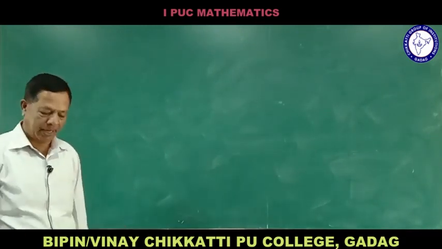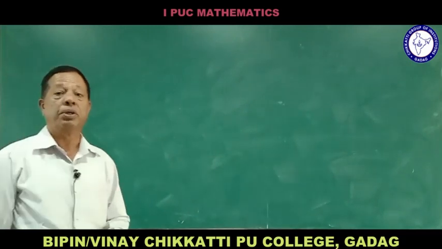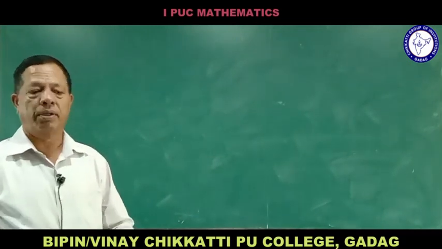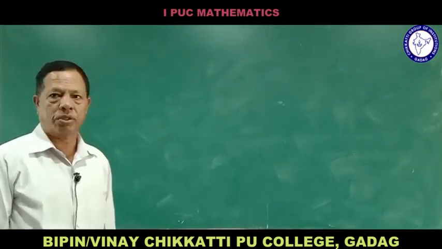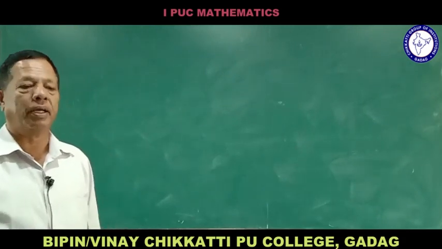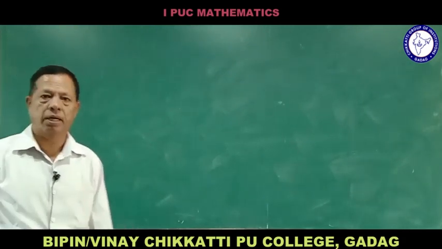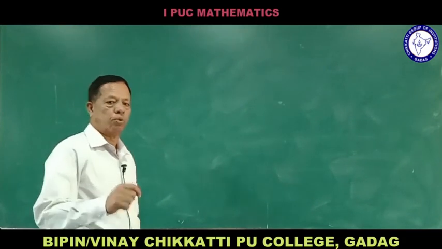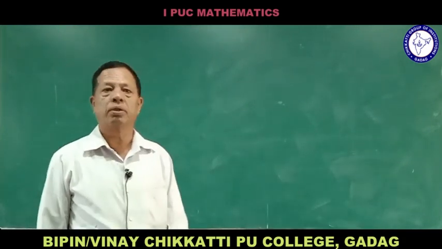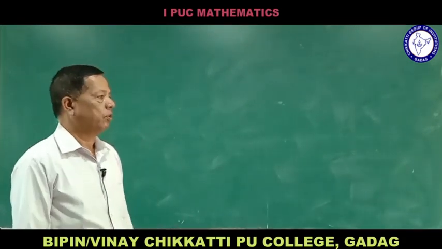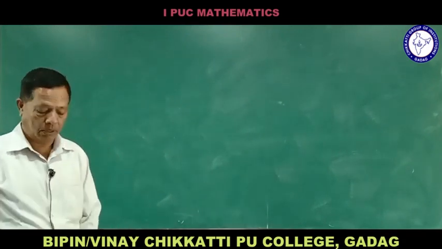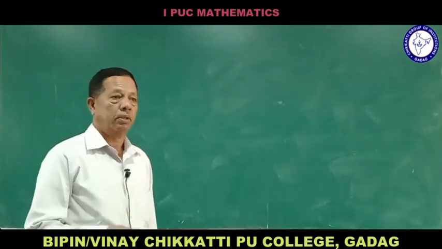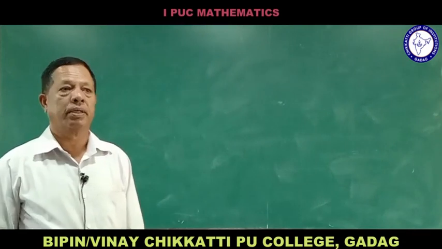So far we have done everything, but now you have to follow the portions for this academic year, and that I have already sent through your WhatsApp. So follow the things, what are the topics, what are the subtopics to be covered.